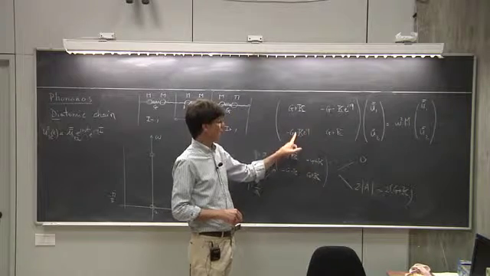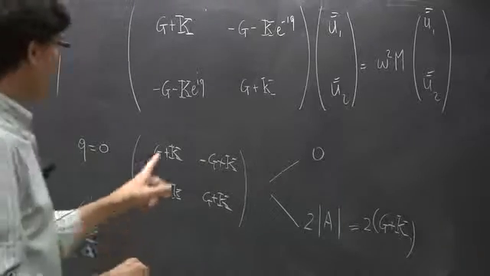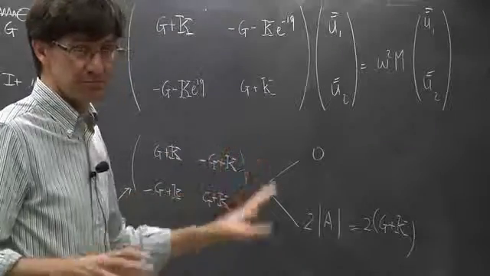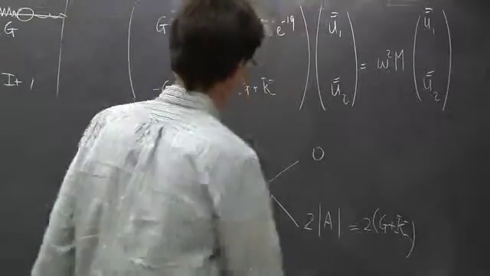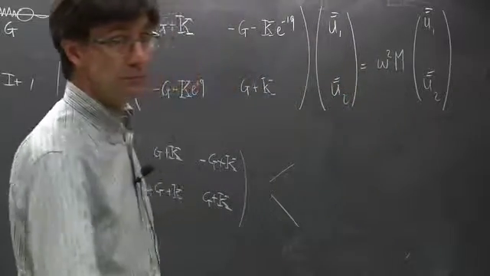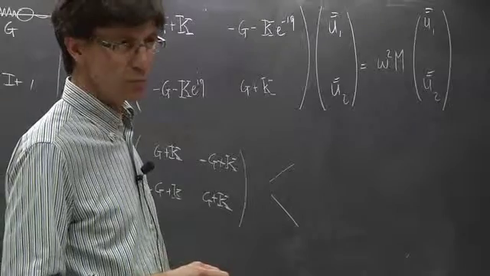So e to the i pi is minus 1, so I'm changing the sign of k there. So it's plus. Now it's no longer a, minus a, but it's b, b. So the two solutions are g and 2k.